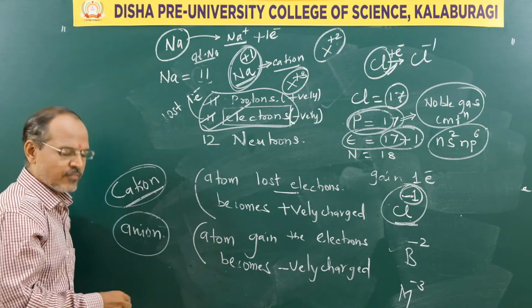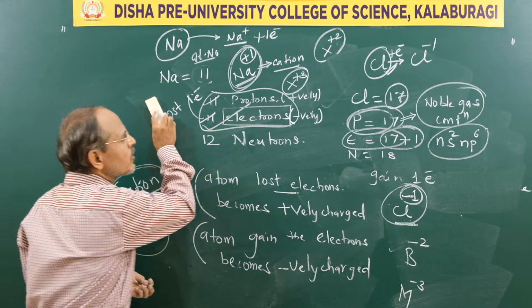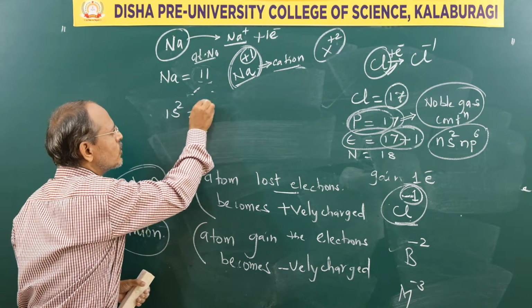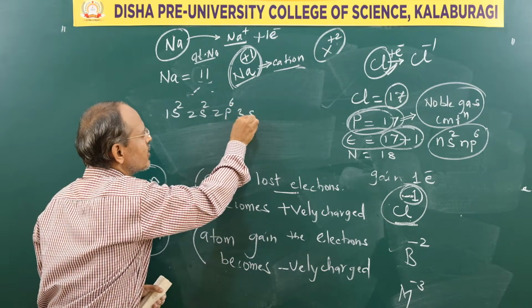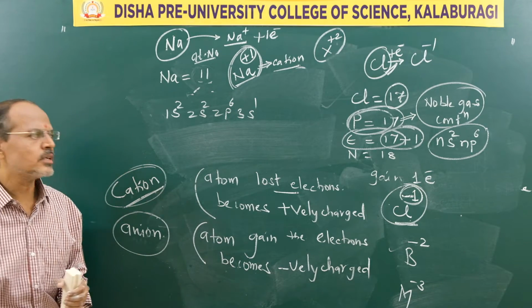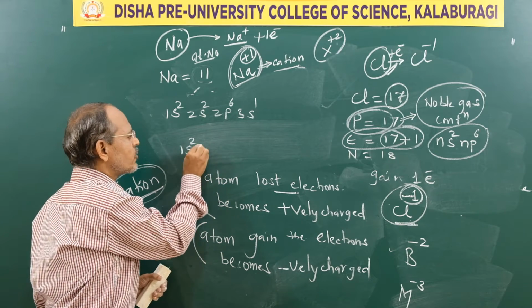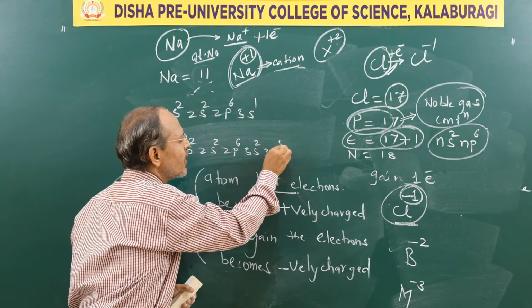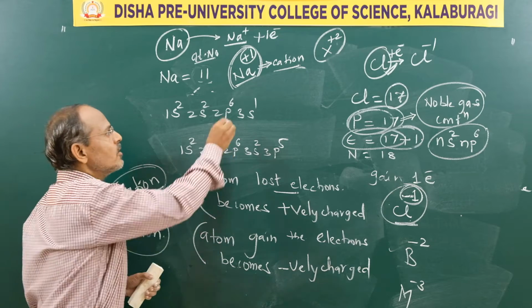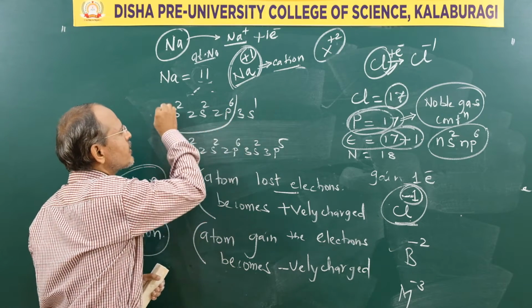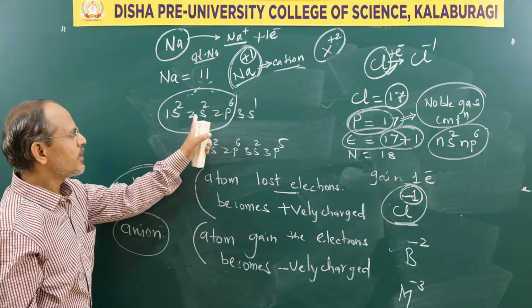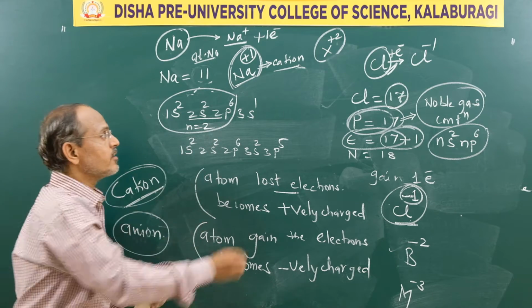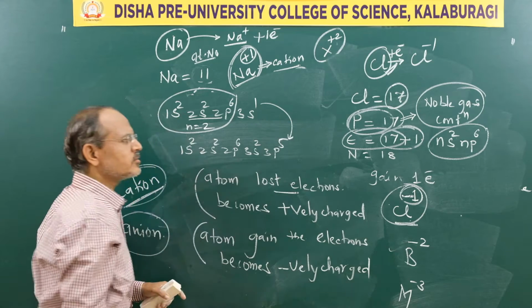For example, from the sodium point of view, look here: 1s2, 2s2, 2p6, 3s1. From the chlorine point of view: 1s2, 2s2, 2p6, 3s2, 3p5. After giving one electron, sodium becomes ns2 np6 where n equals 2, and this electron is taken up by chlorine.